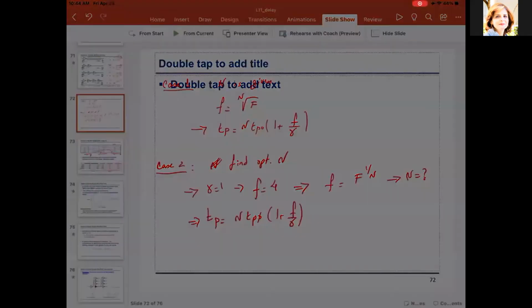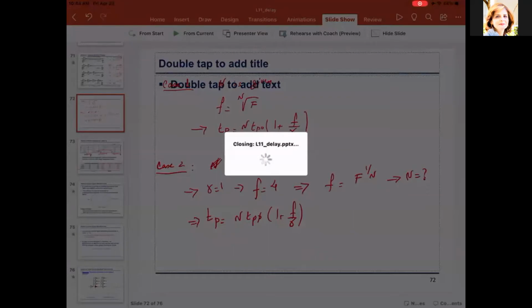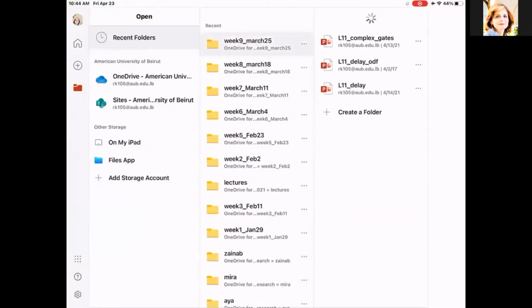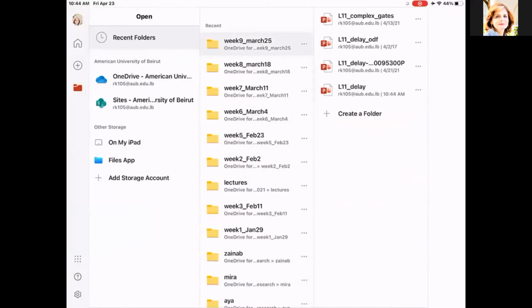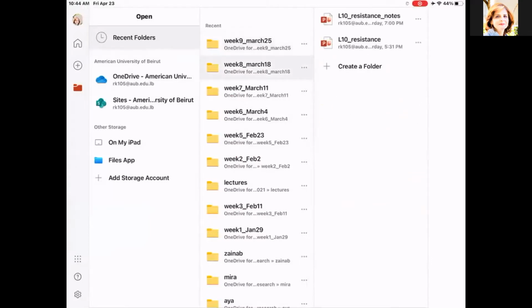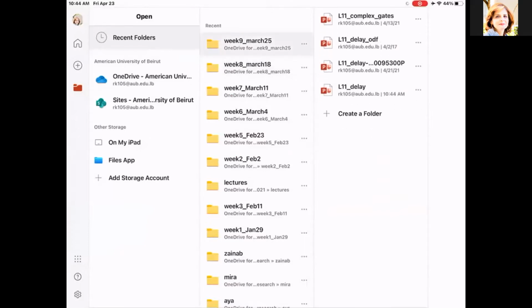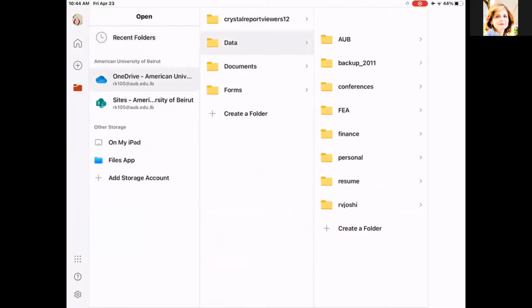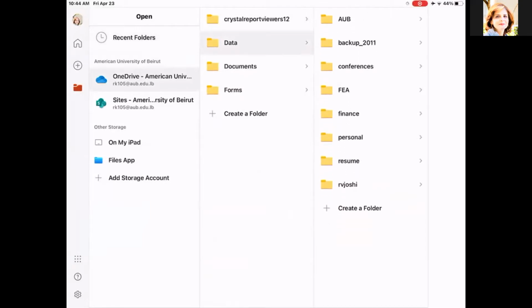There is a small section on complex gates. If you remember the sizing that we used to do in 311, I just want to employ it, and it will come in the context of the Euler path.